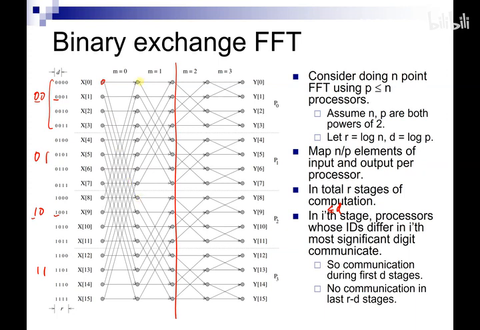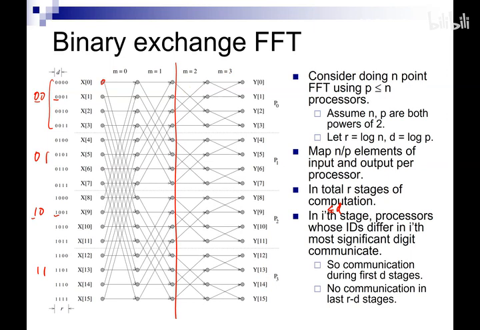Then in the next stage, this guy needs to go talk with processor 1. But in stage m equals 2, when you do this butterfly, all of these values are already sitting on processor 0, so you don't need to do any more communication, and the same for all of these subsequent stages.